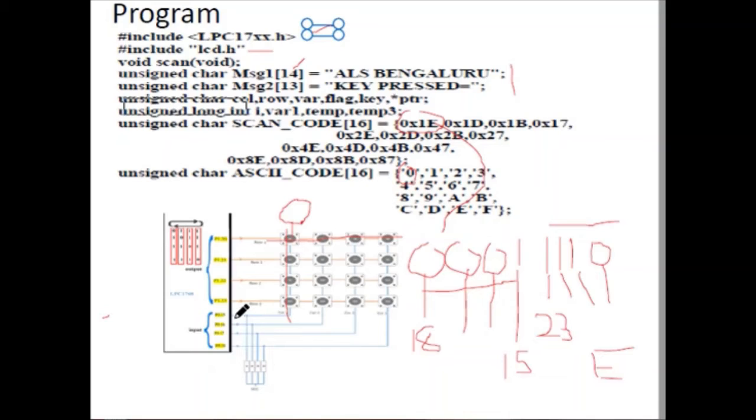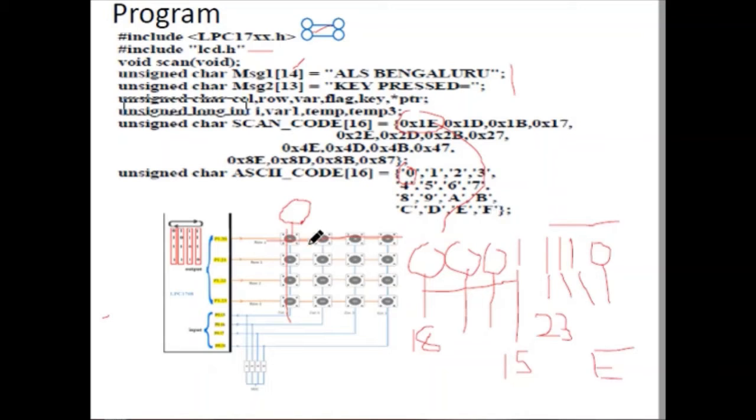As you can see clearly, the 15th one is connected here. If you check this, it turns out to be 1e. Similarly, if you cross verify, you will get the remaining things also.